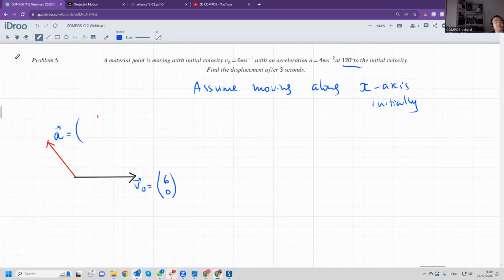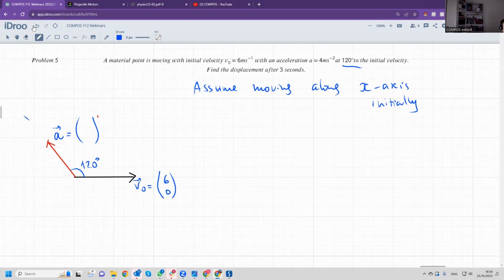Who's going to help me to find the components of the acceleration? We do partial differentiation in year 13.